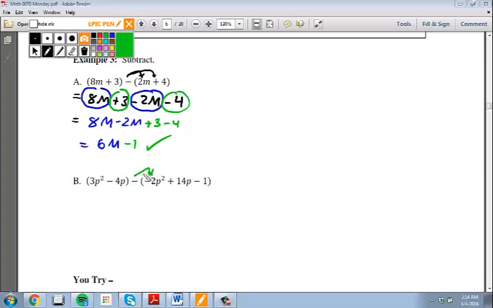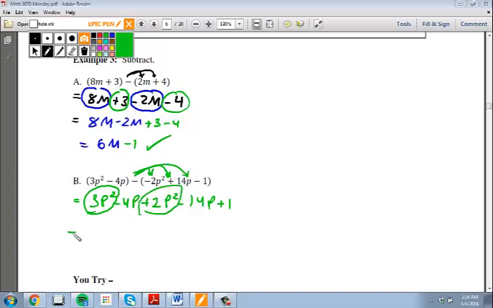Again, in B, we have to remember when we're subtracting to distribute the sign here. So we have 3p squared minus 4p. That will make this plus 2p squared minus 14p plus 1. So combine the like terms, 3p squared plus 2p squared.